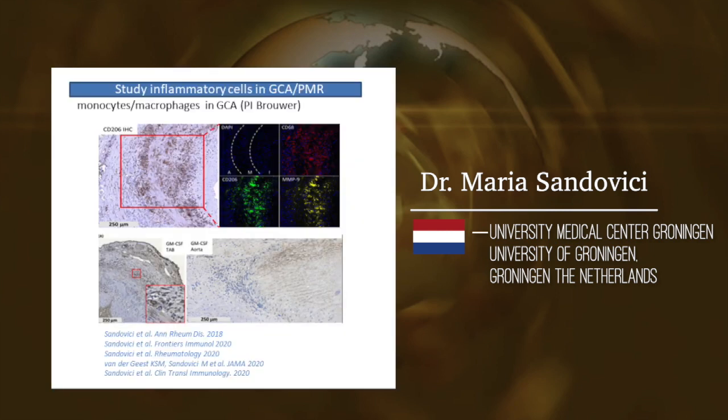But for instance, we recently found that a certain type of macrophages, a more aggressive type of macrophages, the so-called CD206 positive macrophages, you can see them here in brown and over here in green. So these are the aggressive macrophages. They are able to produce a protein which is called MMP9.